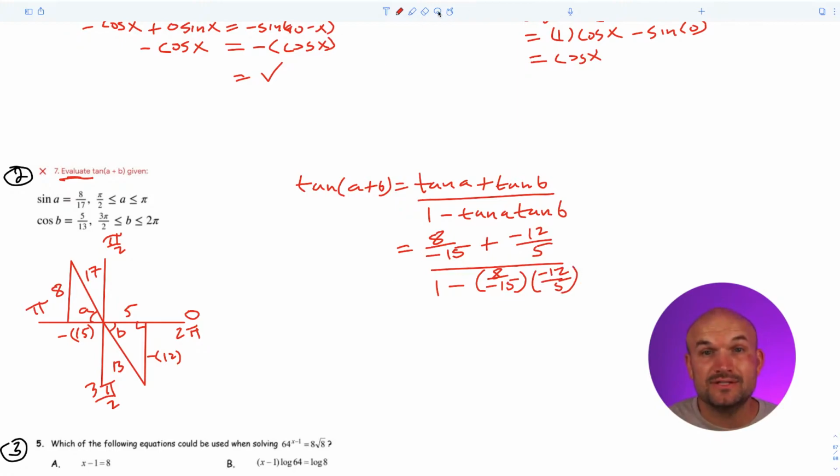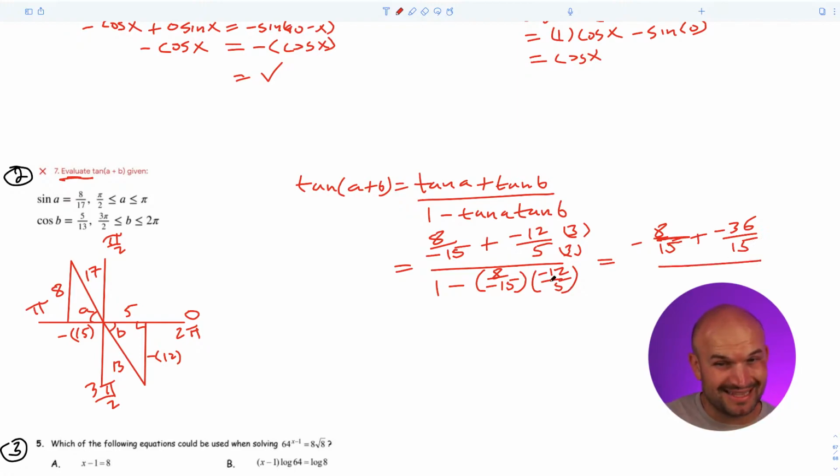Okay, now let's simplify this. To combine like terms up top, I get a common denominator, so that's negative 8 over 15 plus negative 36 over 15.